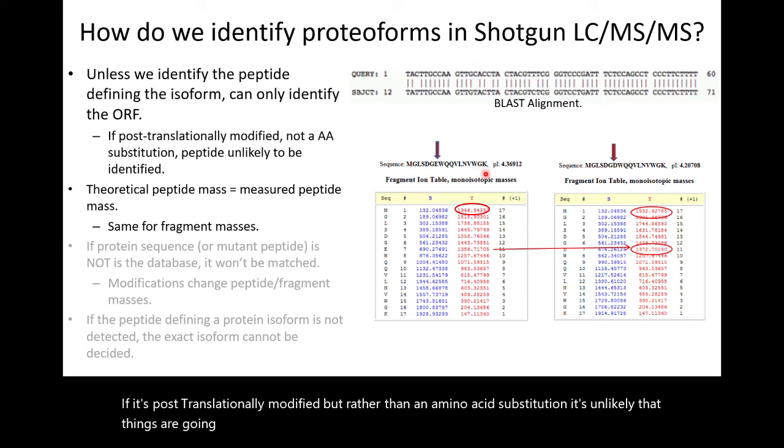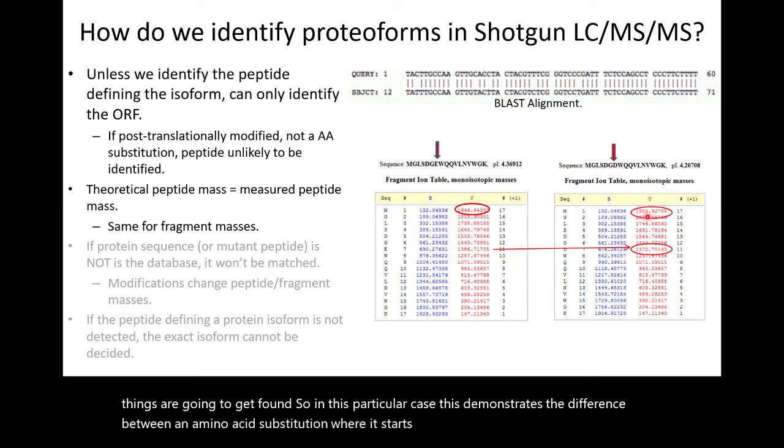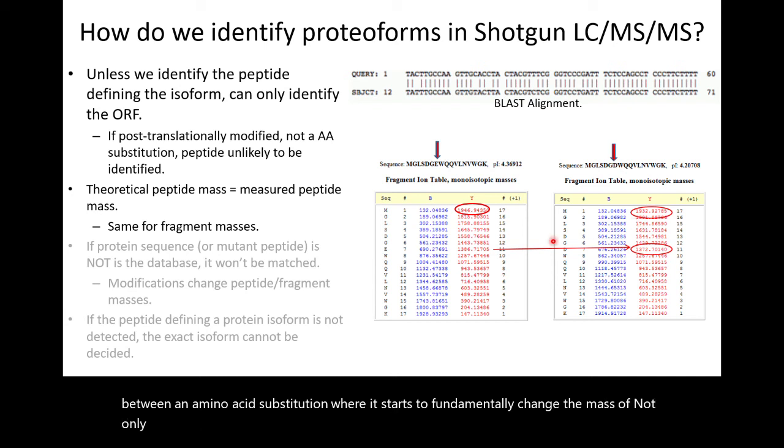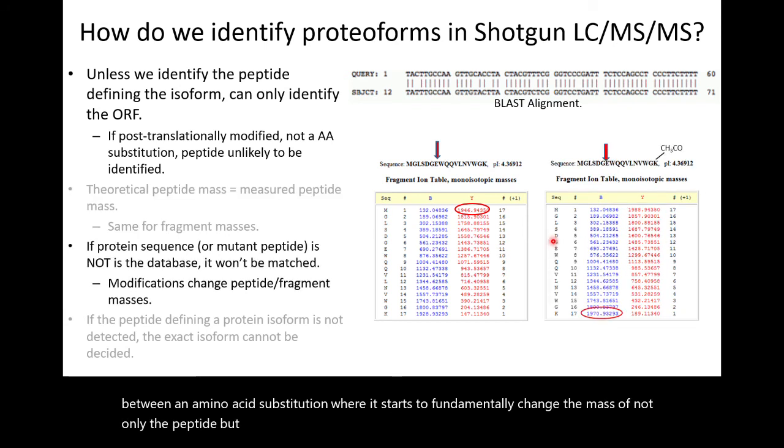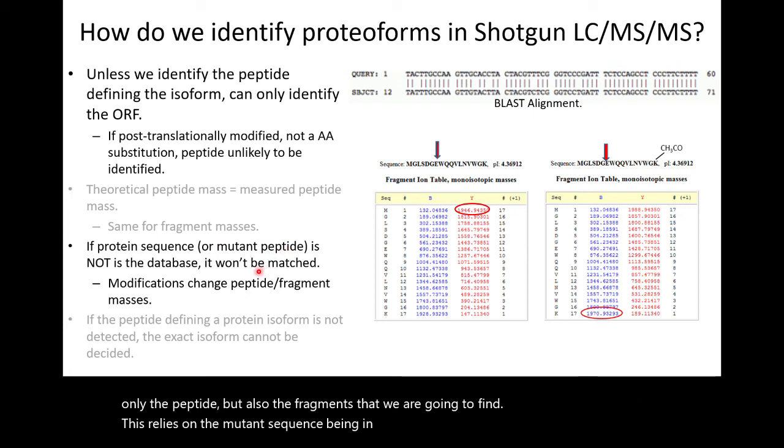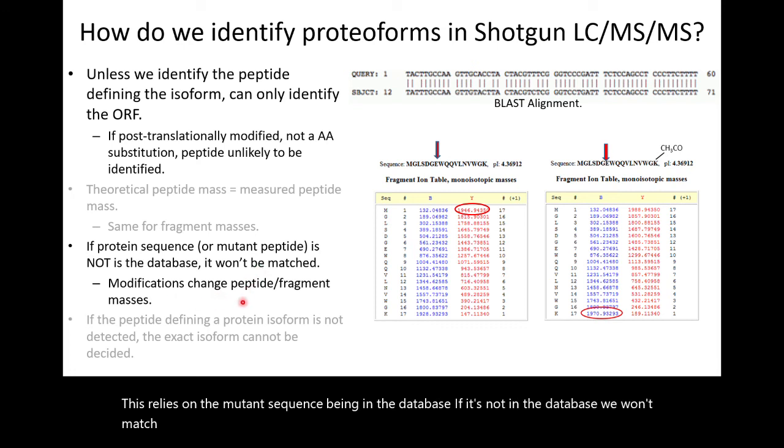So this demonstrates the difference between an amino acid substitution, where it starts to fundamentally change the mass of not only the peptide, but also the fragments that we are going to find. This relies on the mutant sequence being in the database. If it's not in the database, we won't match it. And so if the modifications change these masses.